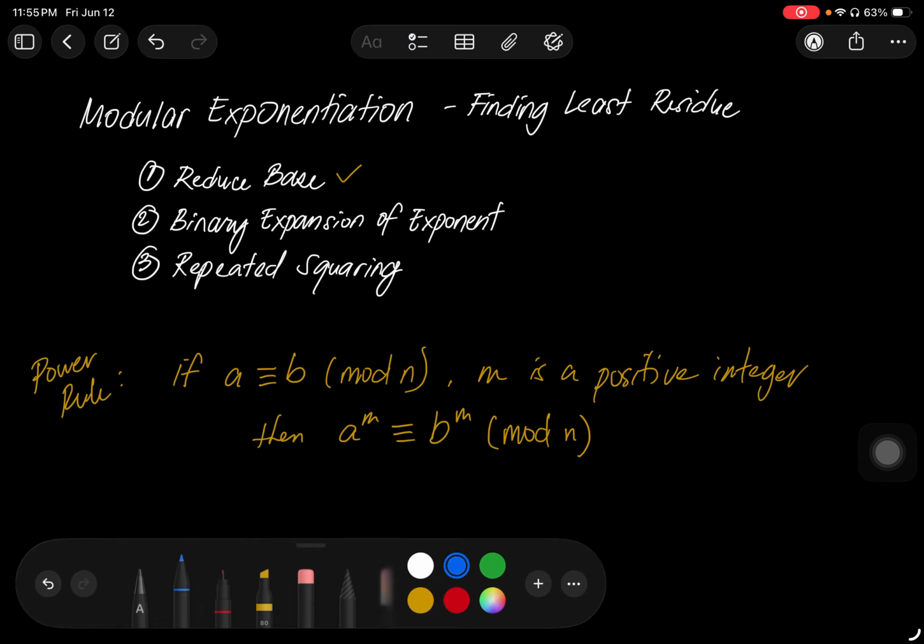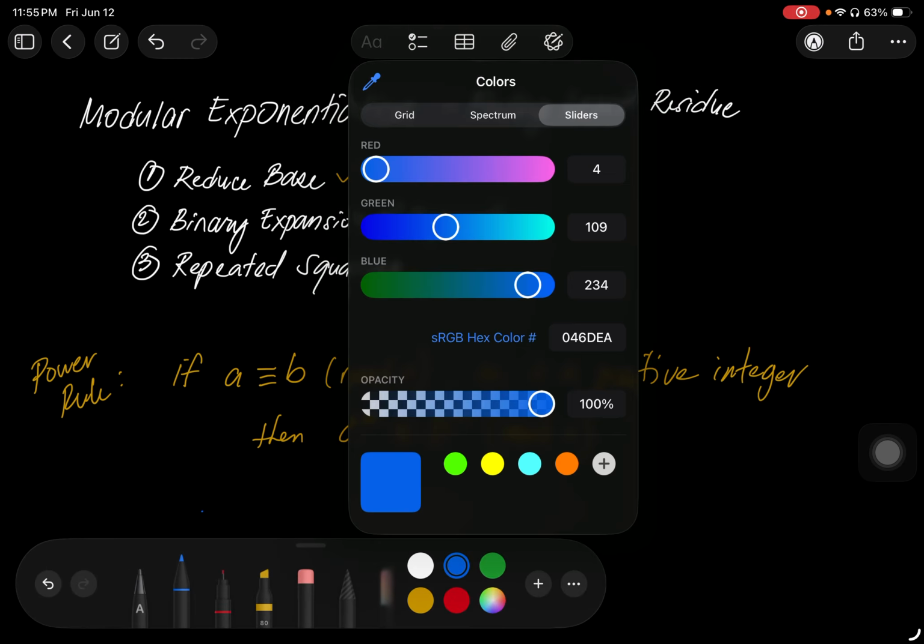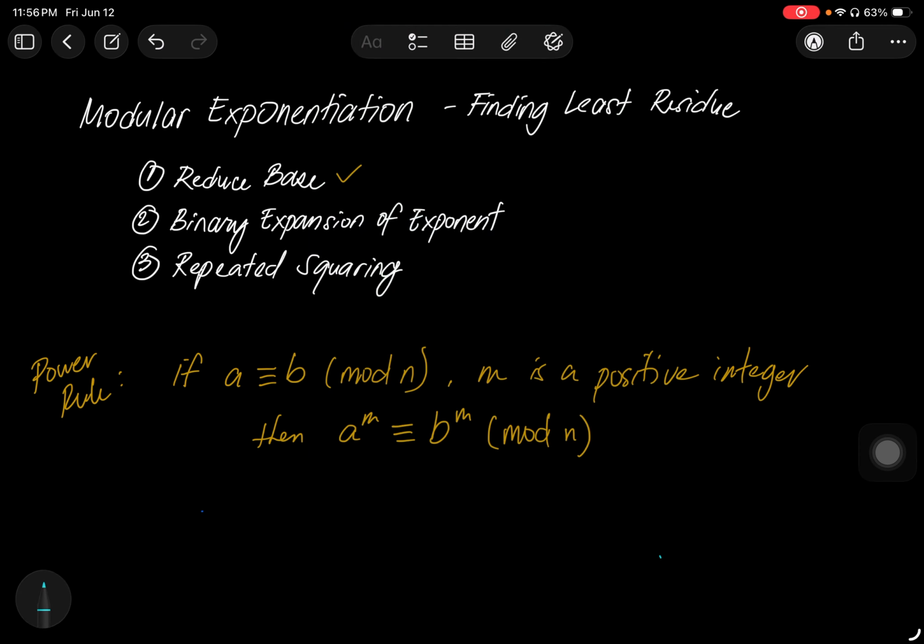So by that, let's have an example. Let's say 10 is congruent to 3 mod 7. When you perform 10 mod 7, you have a remainder of 3.